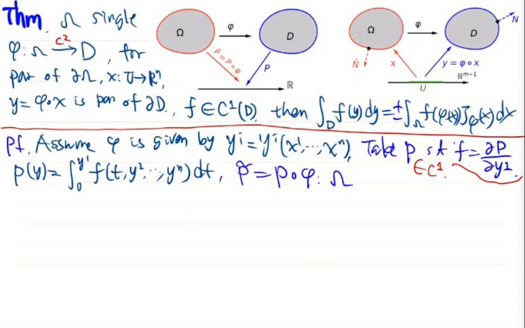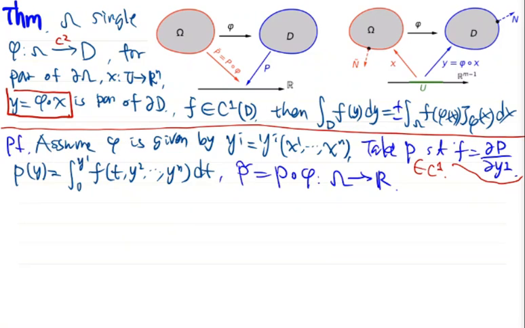This is a function defined on omega, while p is defined on D. Now, by our assumption, the composition of phi and x is a parametrization of the boundary of the domain D. It's the parametrization of a surface.